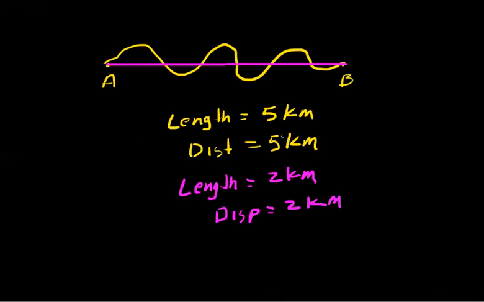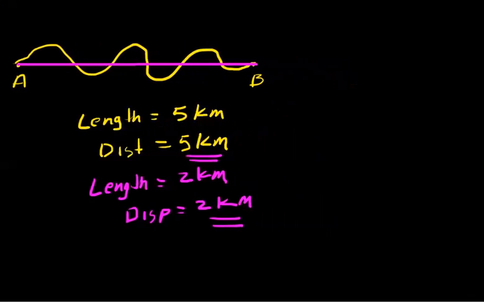Now in both these cases, distance is positive and displacement is also positive. But let's say in a similar way, a body starts from point A and goes to point B, again taking a route like this.